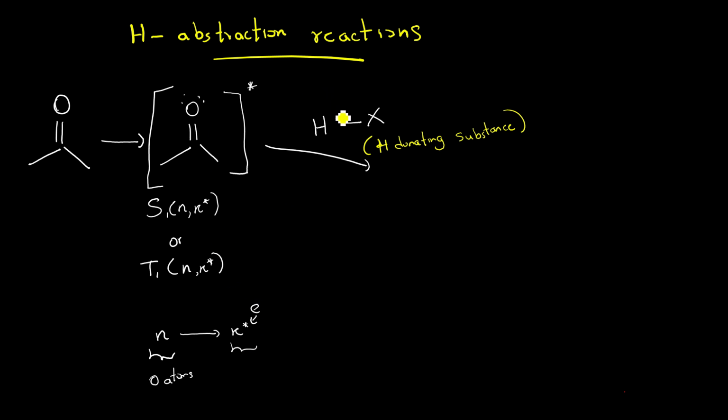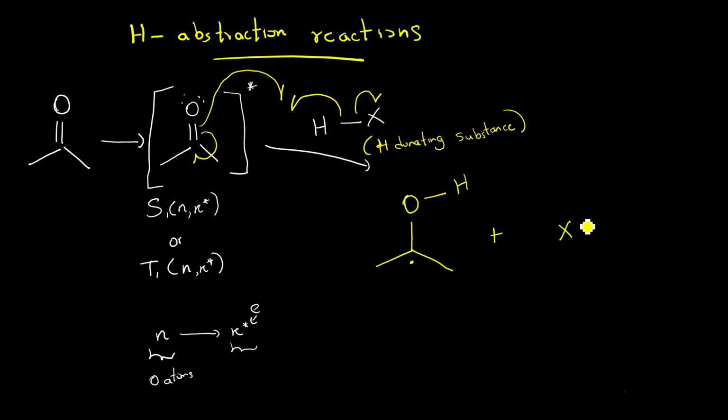Now we can introduce our mechanism like this, and this bond breaks. We have our two products like this one. Here we have the oxygen and hydrogen, and remember this electron comes to here, plus these electrons come with the X. These are radical mechanisms, and these are our intermediate products.